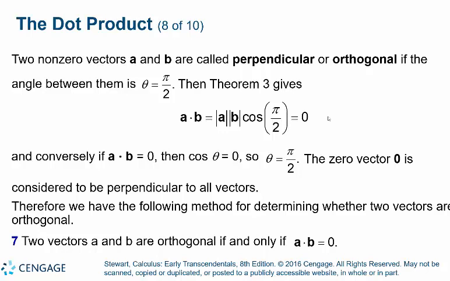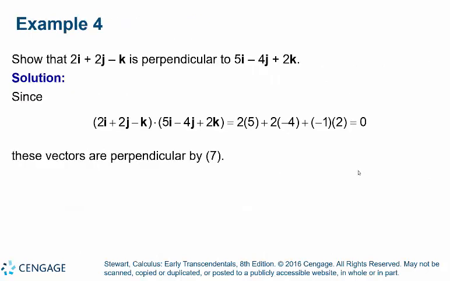So obviously then theta has to be pi over 2, and the 0 vector is considered perpendicular to all vectors. Therefore, we have the following method for determining whether two vectors are orthogonal, or if they're perpendicular. Two vectors A and B are orthogonal if and only if their dot product is equal to 0. So if you take the dot product of two vectors and it comes up to be equal to 0, you know that the two vectors are perpendicular to each other.